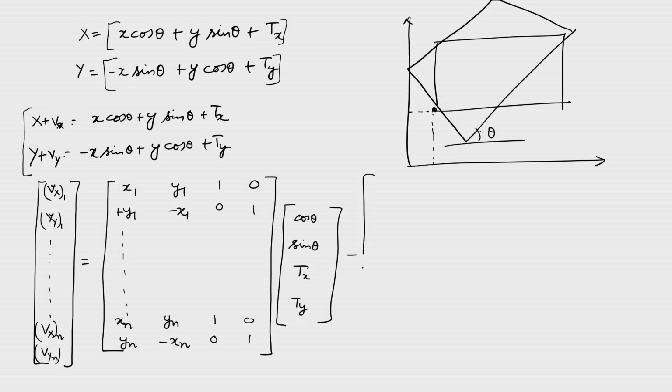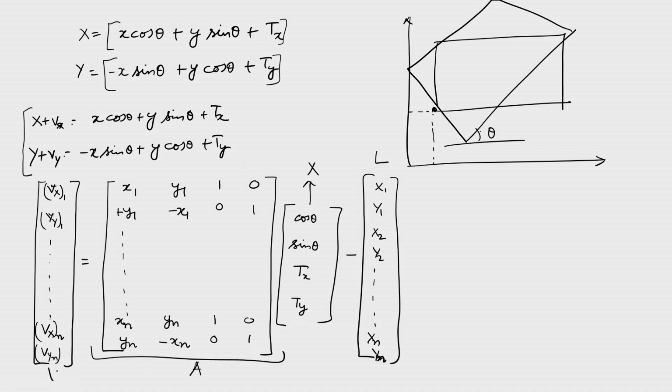Then finally, the L matrix, which is given by x 1, y 1, x 2, y 2, up to x n, y n. I can call this the L matrix here. This is the parameter matrix capital X. This is the A matrix here, and this is the V matrix here.